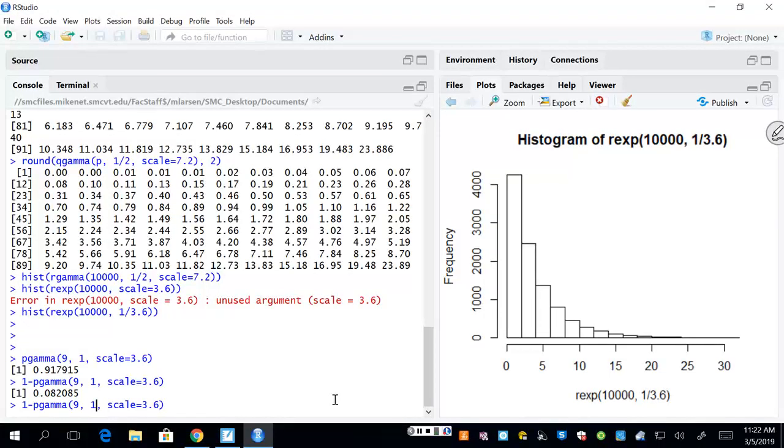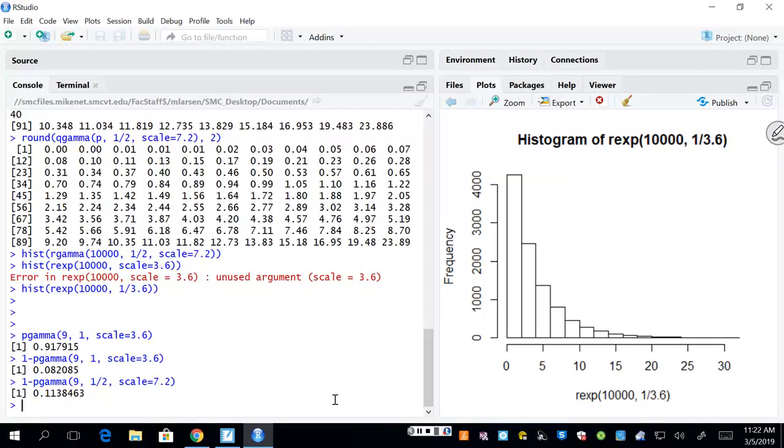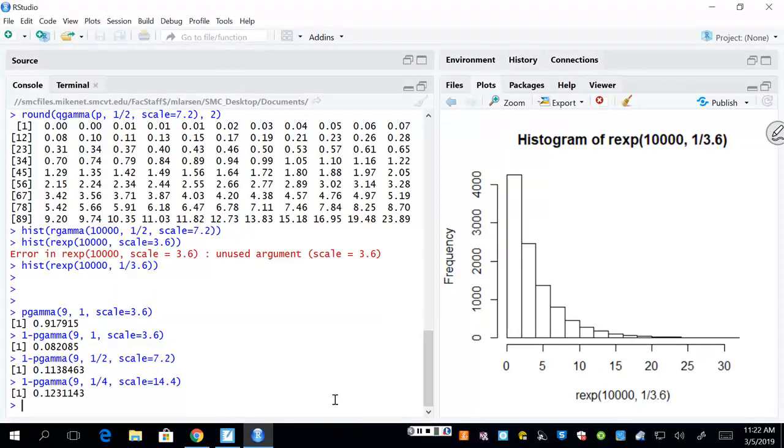But if instead the parameters were changed, right, to put a little more variability, the probability is going up. If instead it was this 1/4 and then doubled that, 14.4, the probability would go up a little bit more. As the alpha and beta change, you can change the mean, you can adjust the variance, and that's going to influence the probabilities that it's concentrated towards 0 or that it's above a big value, and so it could fit different data situations.